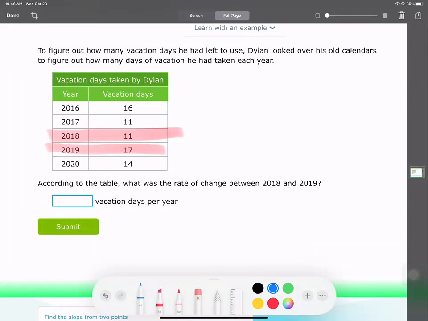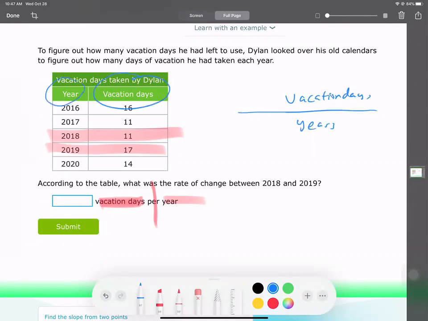They told us vacation days per year. So please take a look at how I mark this. Vacation days per year. We want to write vacation days on top versus years. This is the fraction we're going to aim for. Vacation days are here and years are here.